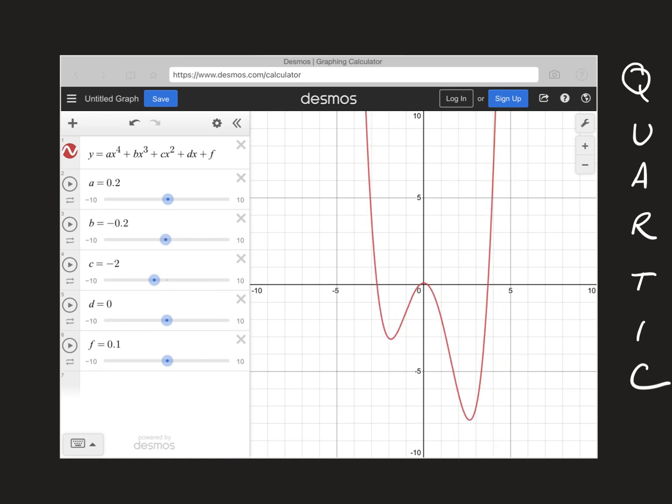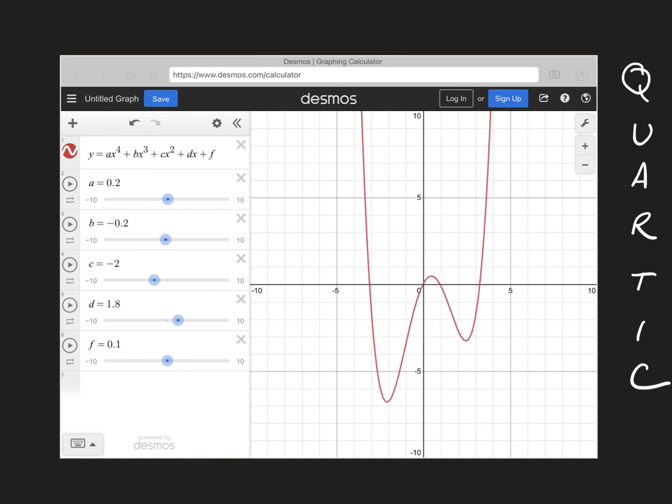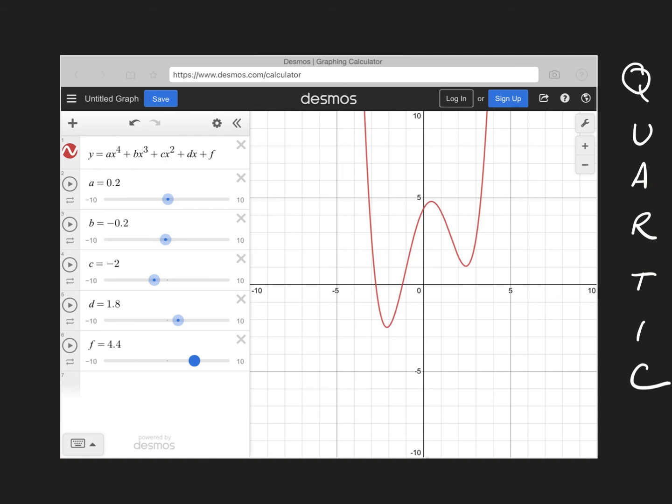Here is a quartic that has 3 roots, or zeros, and here is one that has 4, depending on where it is. The F constant, which is often an E, still moves the curve only vertically, changing the y-intercepts.